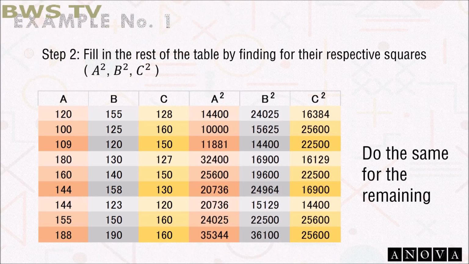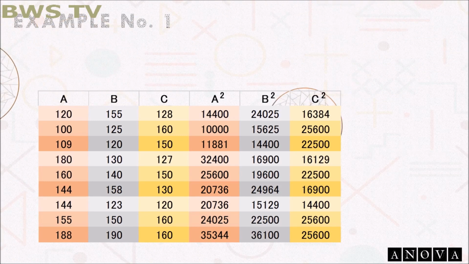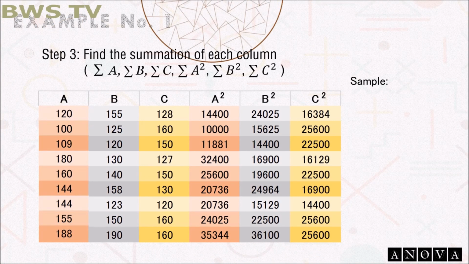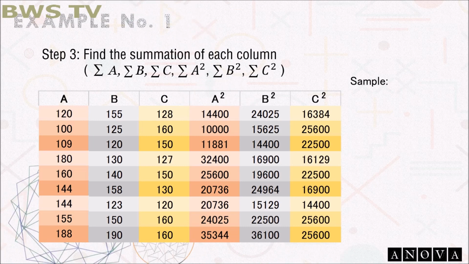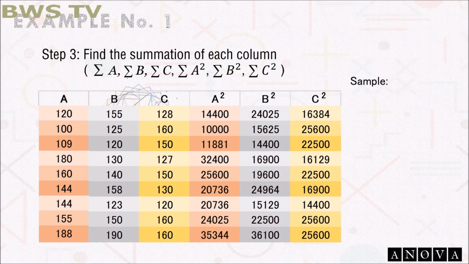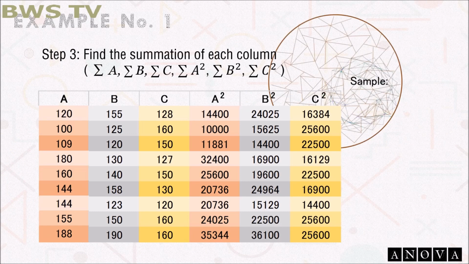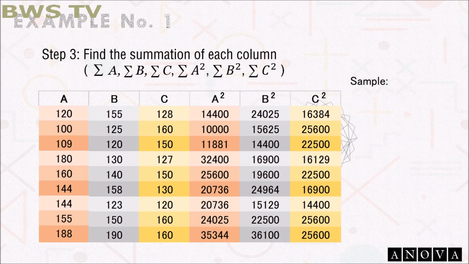So here's the guide to your answers. Now we have step 3. Find the summation of each column: summation of A, summation of B, summation of C, summation of A squared, summation of B squared, and summation of C squared.